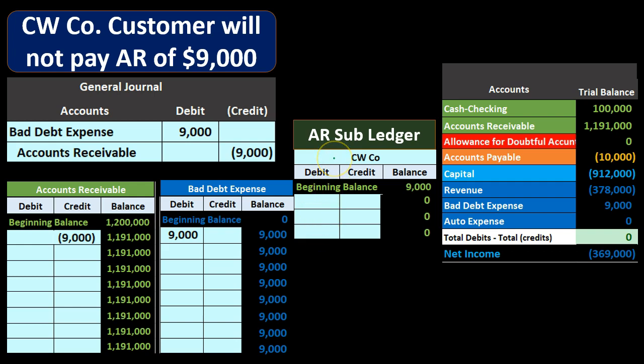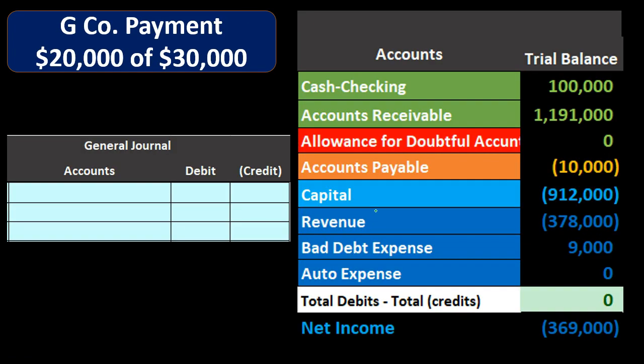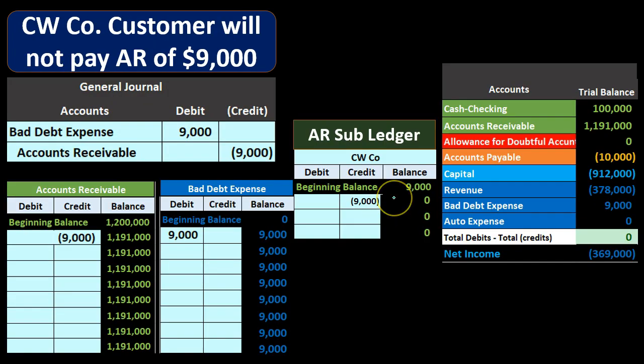We're just going to show the account for CW here, but in a subsidiary ledger, we would have all of the accounts owed, all the customers owing us money, and if summed up, it would add up to the amount on the trial balance. So in this case, CW owes us that 9,000. We're going to say that they're not going to pay us. We're going to take it out of the subsidiary account, and that will bring it down to 0.